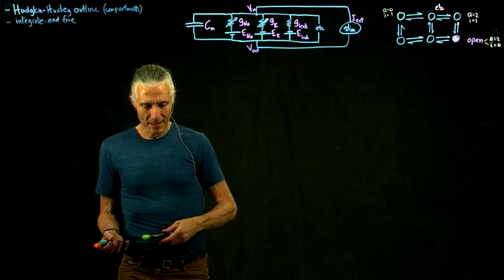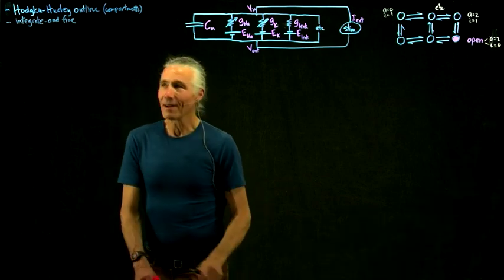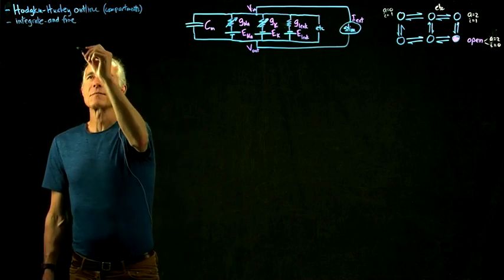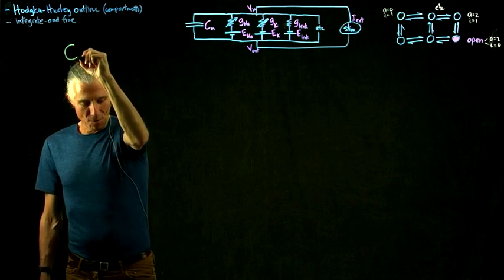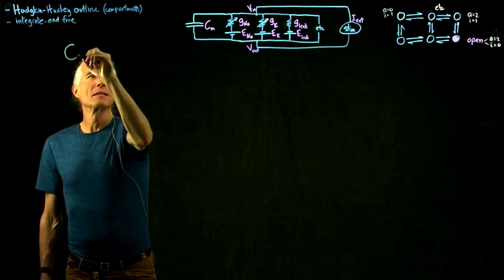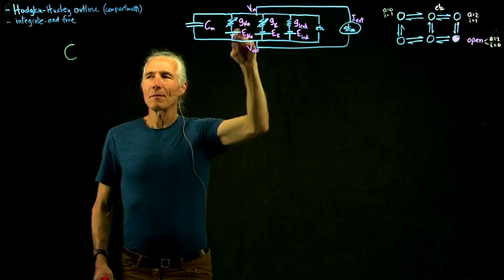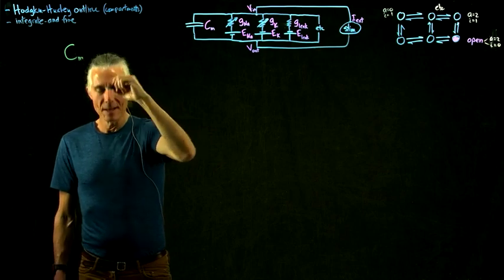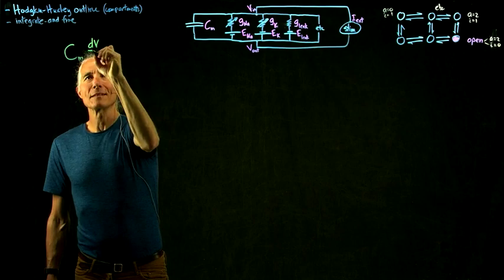Okay, so let's start off with Ohm's law. So we always start off with Ohm's law. Let's start off with the most basic thing, even before Ohm's law, and that is how we describe this basic circuit. So the capacitance of the membrane, and these are differential equations, unfortunately.